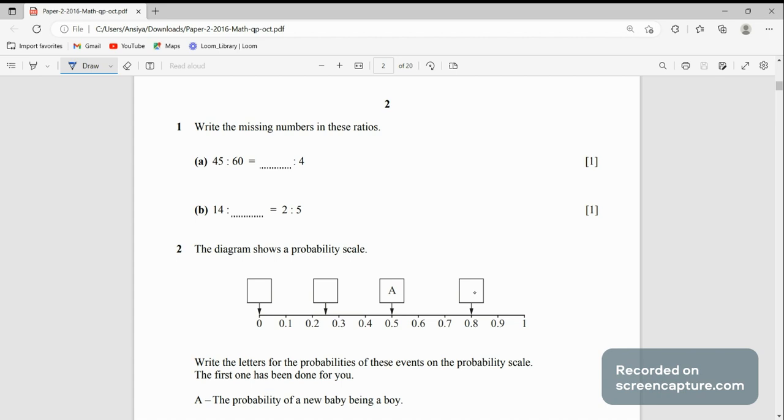Write the missing numbers in these ratios. The topic is ratio. 45 to 60 equals dash to 4.